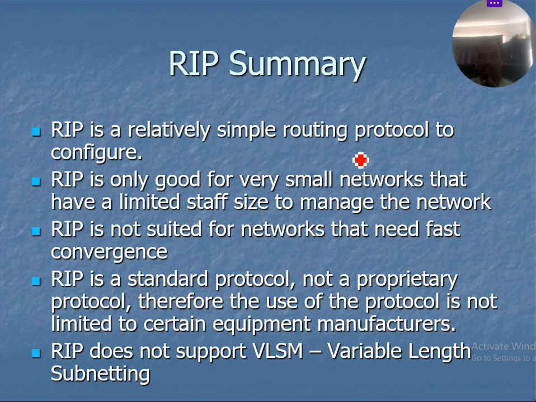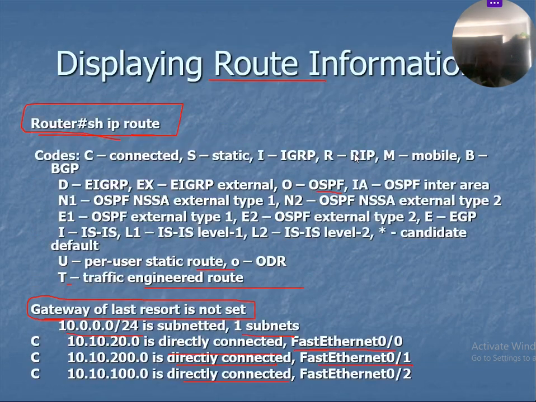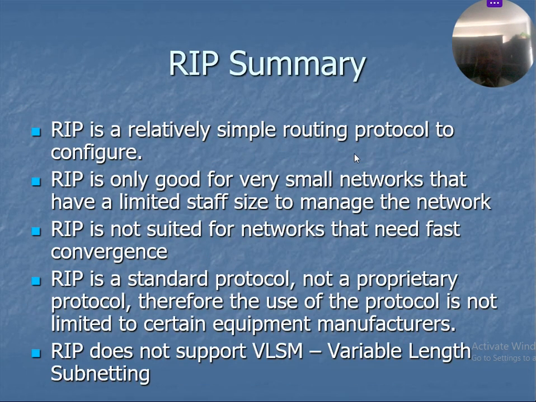There's a command to see the protocol, a command to see the route, and a command to display the configuration that is running. So it's easy to configure and easy to see what is running. RIP is a very easy routing protocol to configure.